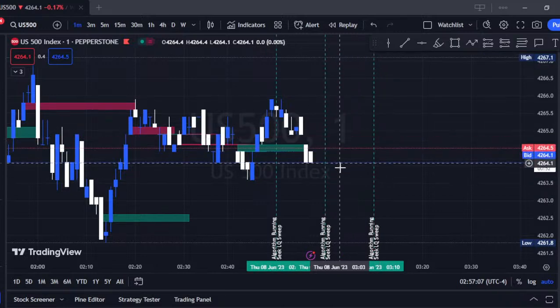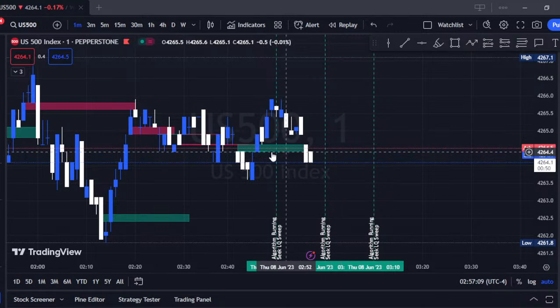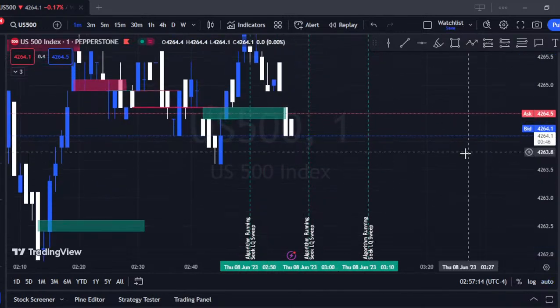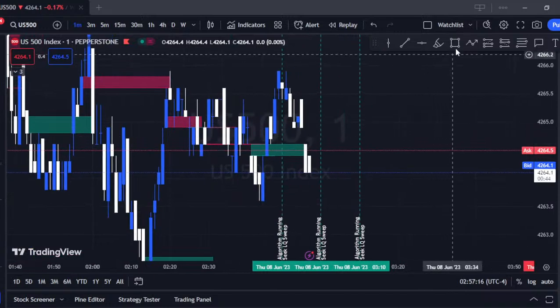So we will see if there's more of this bullish BPR forming. We will take the trade over there, which is a buy.